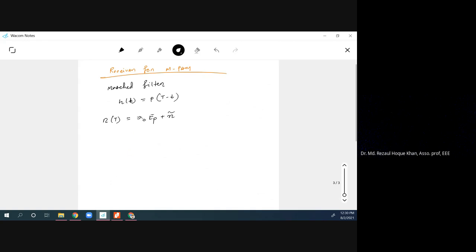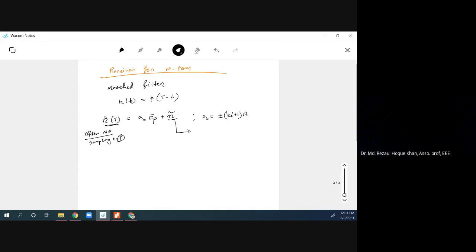So r(T) is the received signal after the matched filter, sampled at t equal to T. This is actually a symbol now, not a bit. Here A0 we wrote a few minutes back: A0 is nothing but (2i plus 1) A.